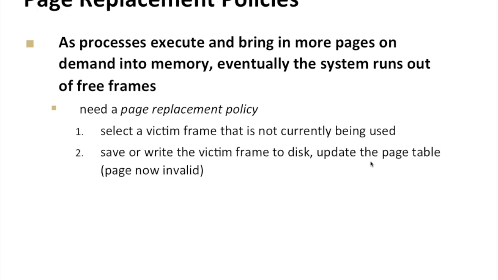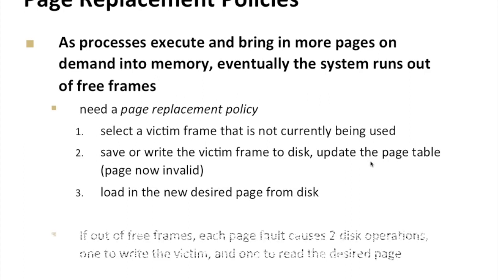Then it's possible that that page, when it's in main memory, has been modified. And so we have to save the current values in that page to the disk. We have to then update the disk to say that that page is now invalid, and we need to load the new page from disk into memory and update the page tables for that new page being in a physical frame.